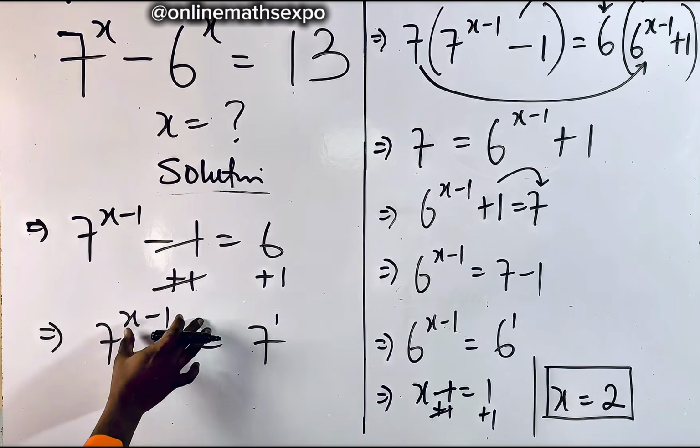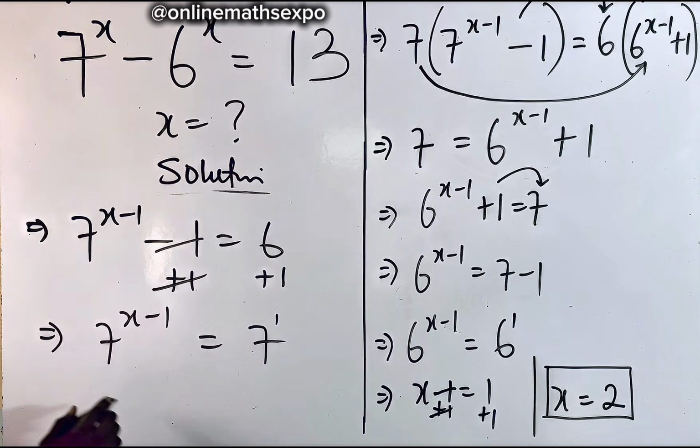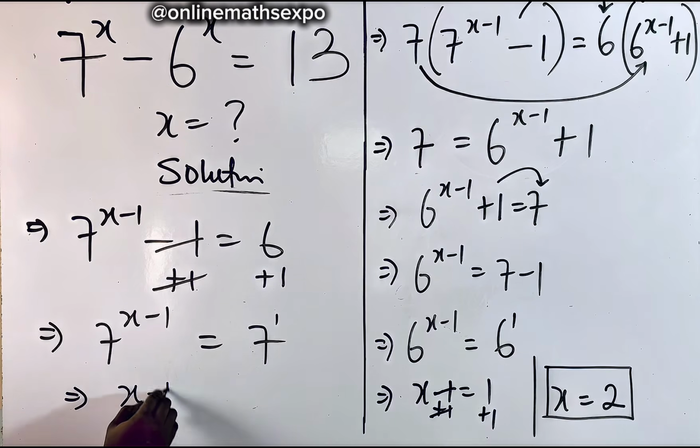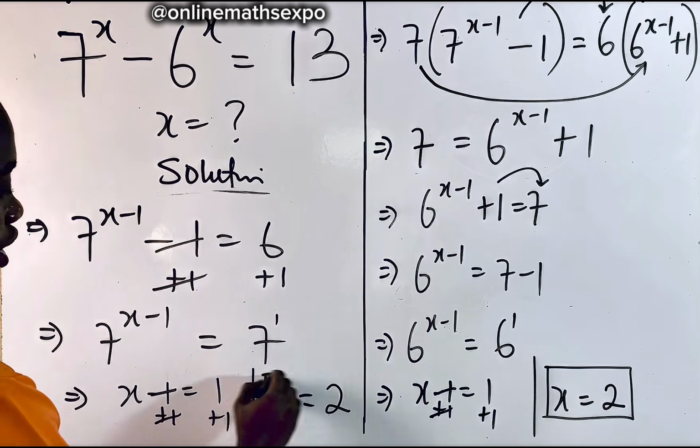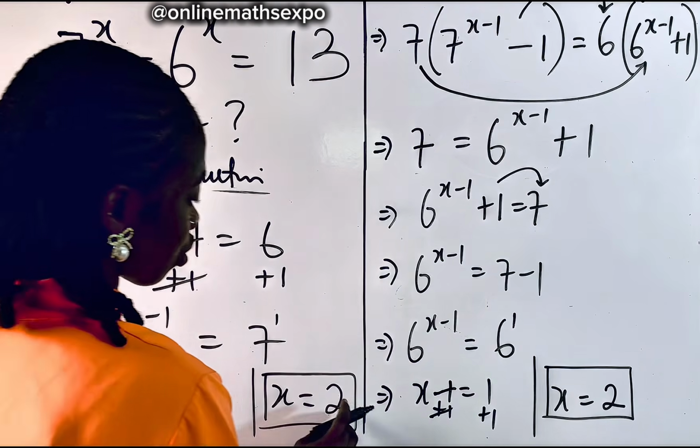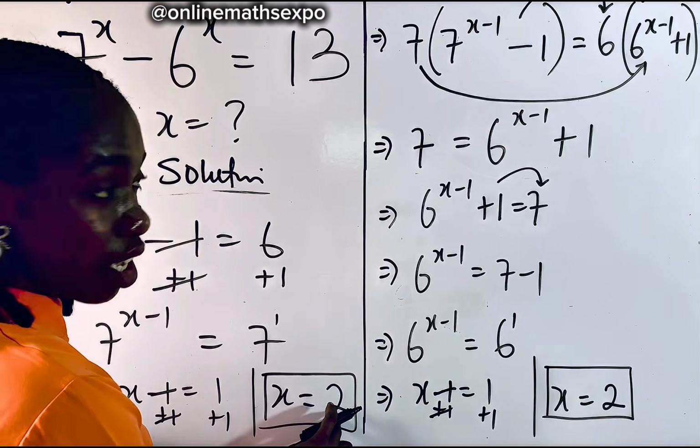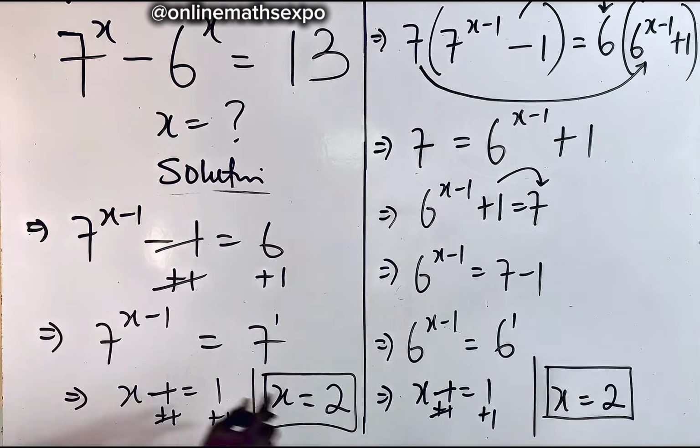The bases are the same, the powers should be equal. So in that case, we have x minus 1 is equal to 1. To remove this, add 1 to both sides. This cancels, so we are going to have x is equal to 2. So that's what we have for the two equations. So it means that the value of x is 2 for this equation.